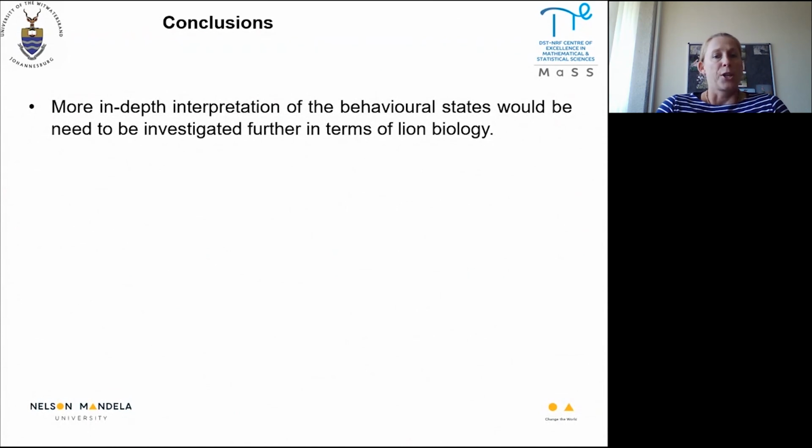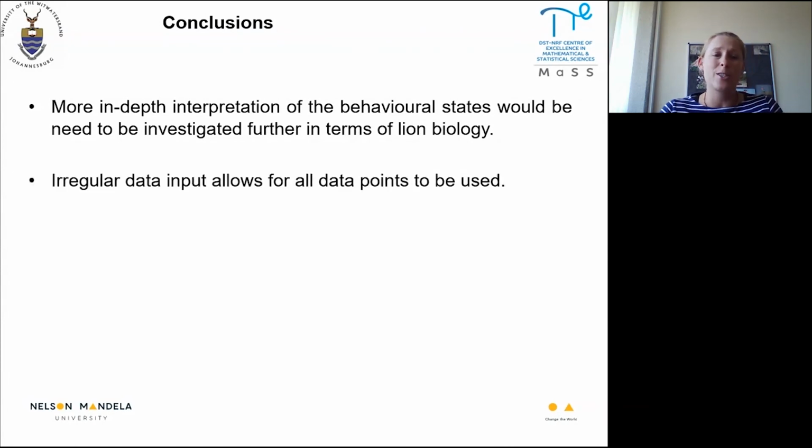So in terms of the conclusions from this part of the research, when it comes to these irregular time step models, more in-depth interpretation of the behavioral states would be needed, particularly in terms of the biology of the lion.